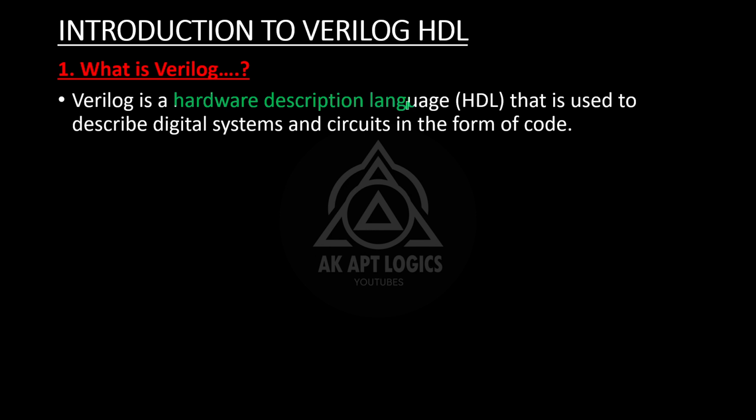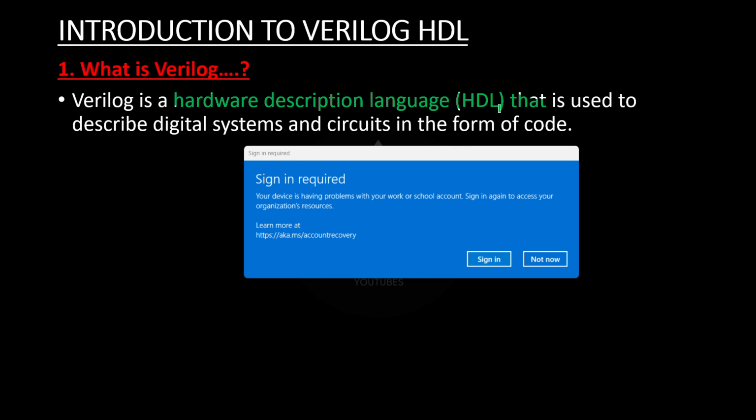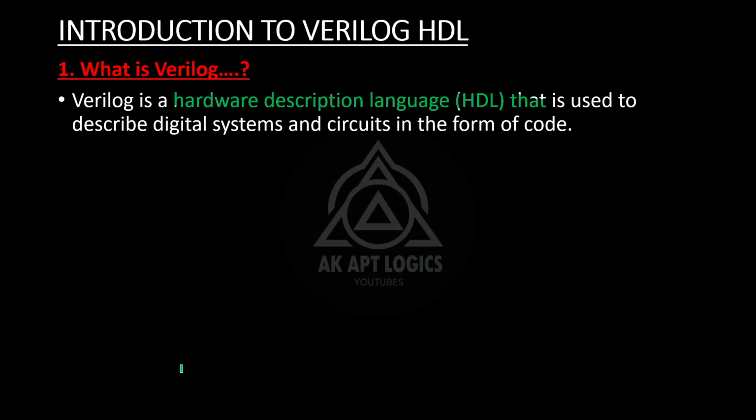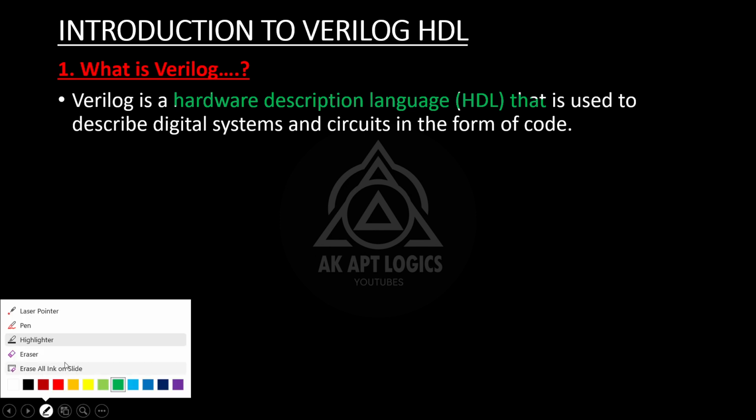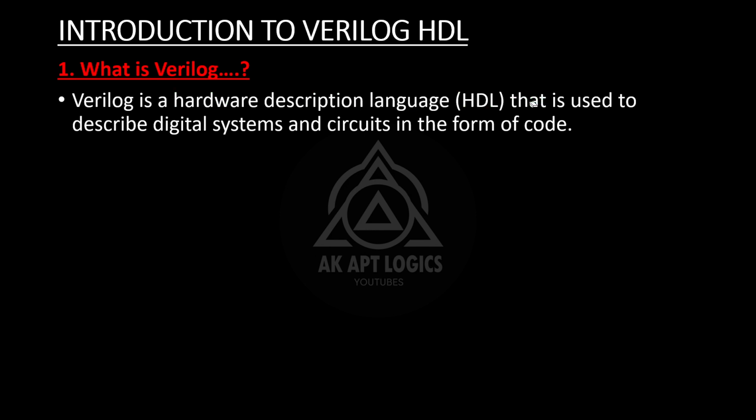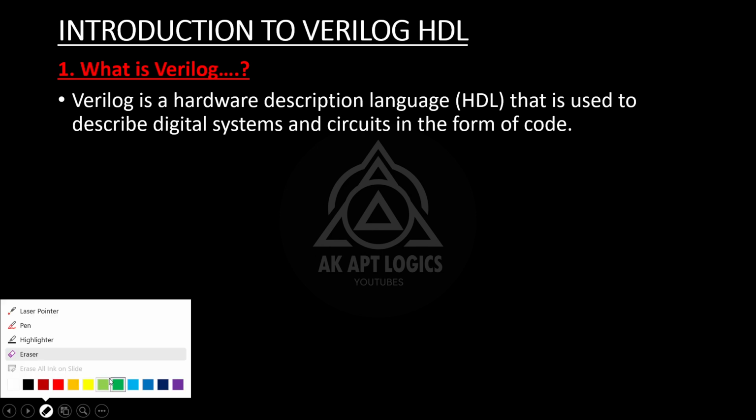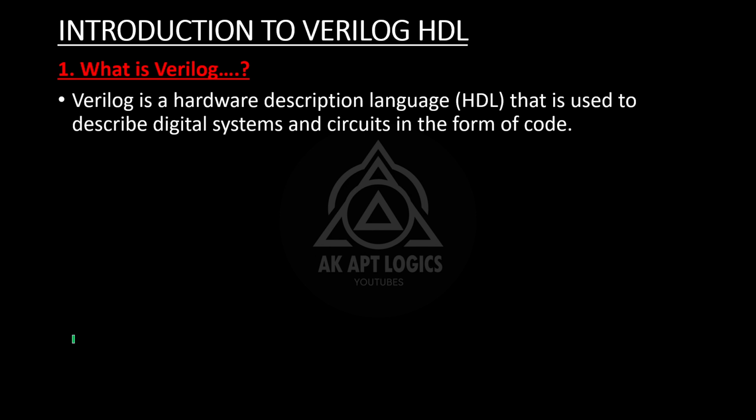Hardware means circuits like a full adder, half adder, and multiplexer. So we will write the code for those circuits. It means we will write the functionality of those circuits. For that, we use this language, Verilog, which is a hardware description language.